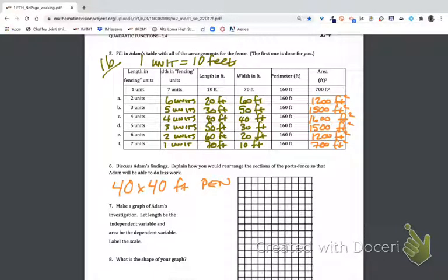Now, to make a graph of that, what I would encourage you to do is to go into Desmos and say that when the length is 10 feet, the area is 700. When the length is 20, the area is 1200. When the length is 30, the area is 1500, and so on.